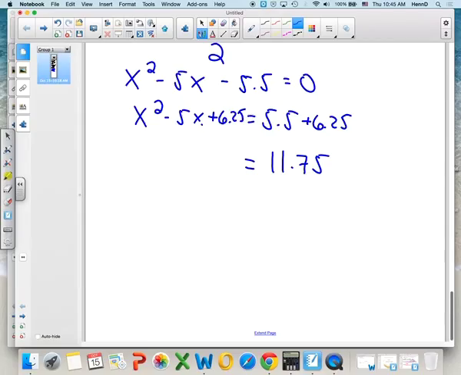And here's the most confusing part about when there's an A and when you're trying to do this. Now you have to factor. So you've got to figure out what multiplies to 6.25 and has to add up to negative 5, which seems impossible because it's decimal. There's a really easy trick. Does anybody know what two numbers multiply to 6.25 and add up to negative 5? And if you do, how did you figure it out so quickly?